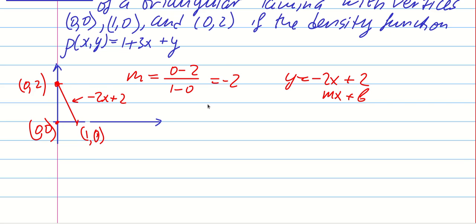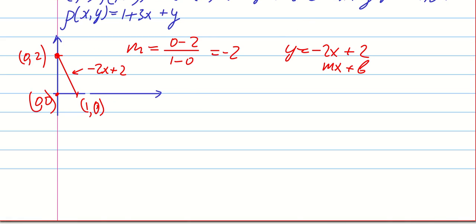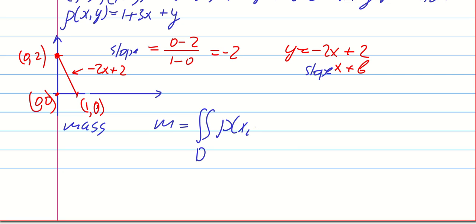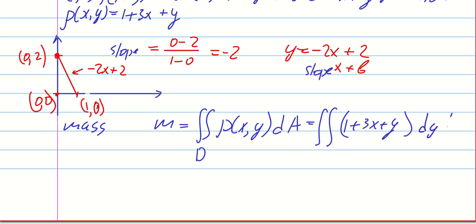All right, so let's find m first. I'll say slope for the slope, because I use m for the mass, so I cannot use m for the slope. So what would be the mass m? Mass m will be equal to the double integral over the region D of rho of xy dA. Our function is 1 plus 3x plus y, dy dx.